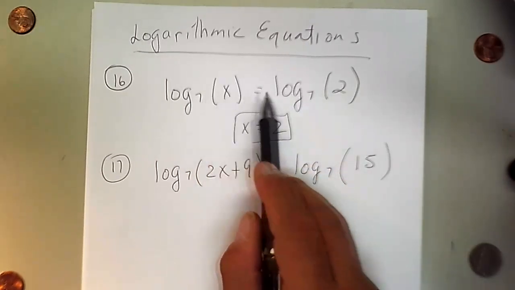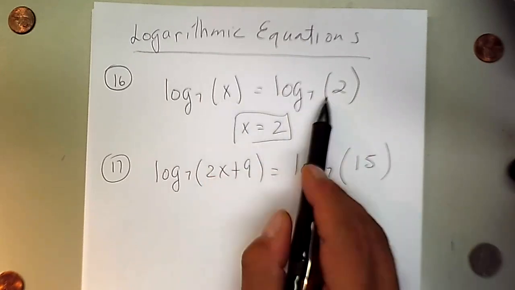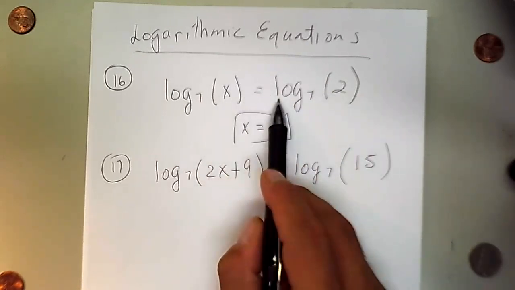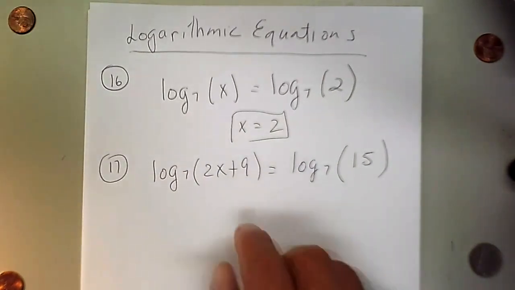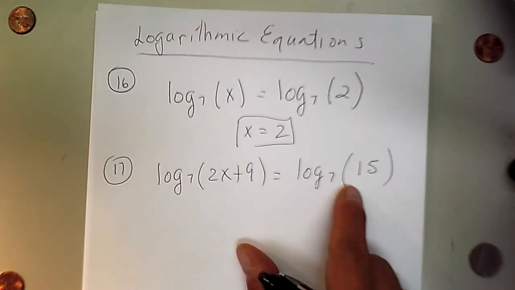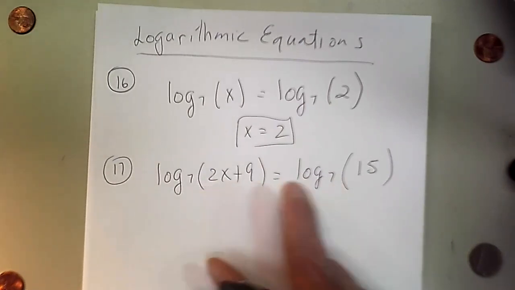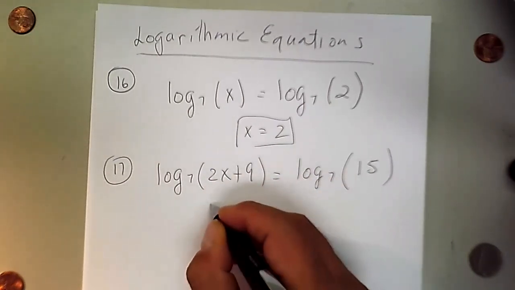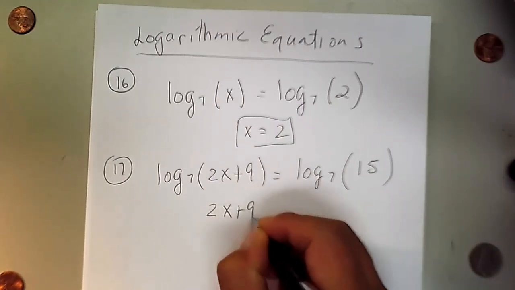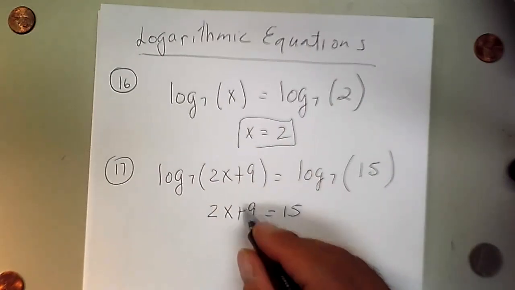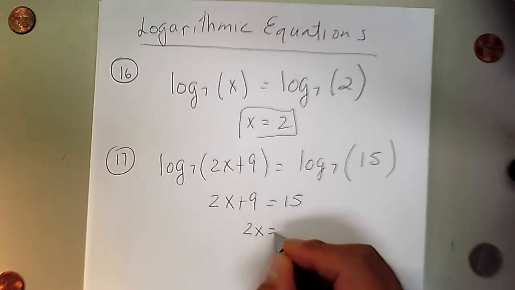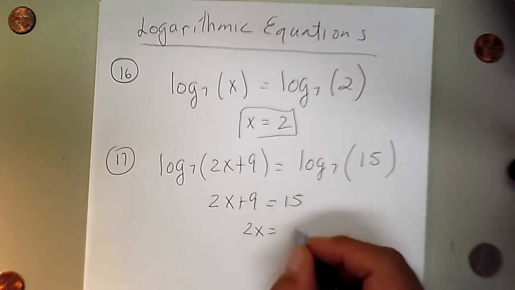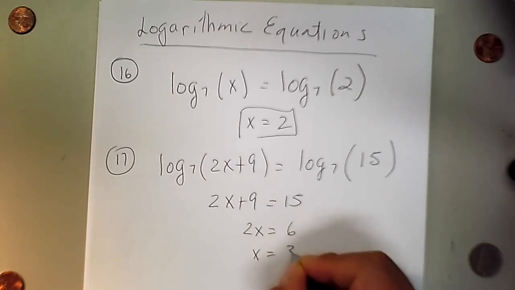Here, there was no need to trigger the catch, the possible problem we could have. But I'm going to come back to that in a moment. So let's solve this equation. The equation is that 2x plus 9 equals 15. Move the 9 over. So 2x is 15 minus 9, 6, and that means x equals 3.